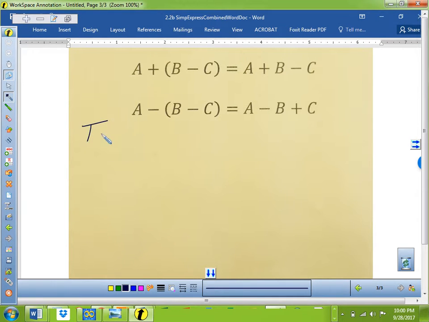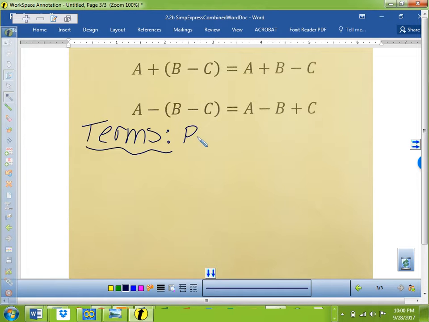So first of all, the word terms. What does that mean in algebra? Well, it simply means terms are parts or pieces of an algebraic expression. Please copy this down.